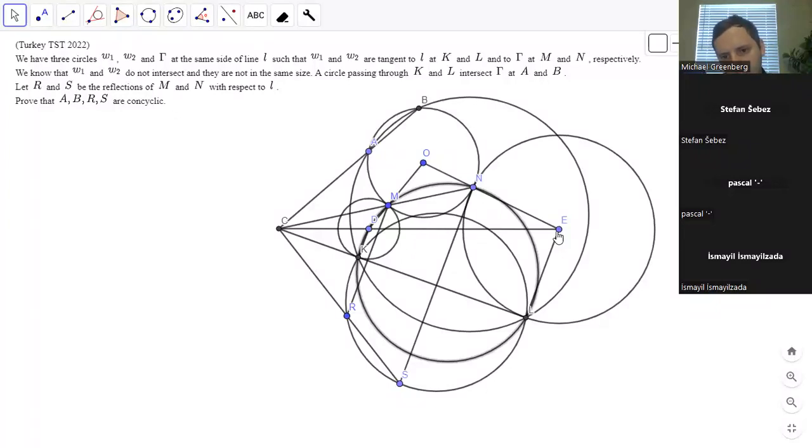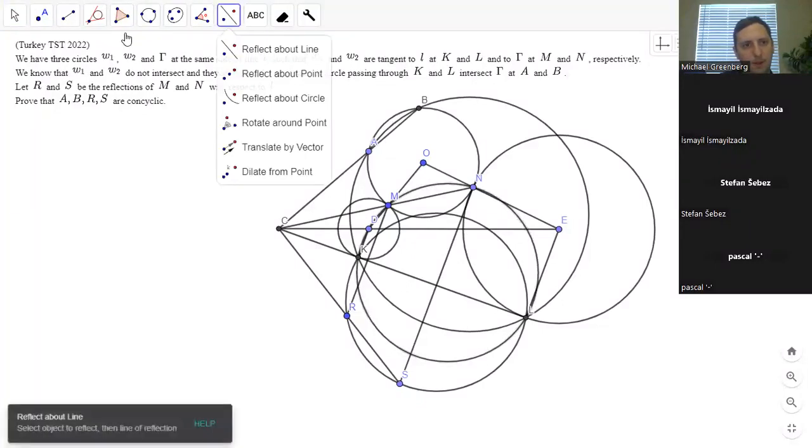And NEL, DMK is DKM. So DKM is going to be 90 minus half of... maybe it's best to drop a perpendicular from O to KL. That might make the angle chase a little easier, I think. Let's do that.